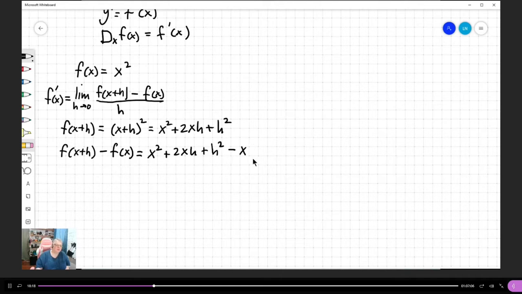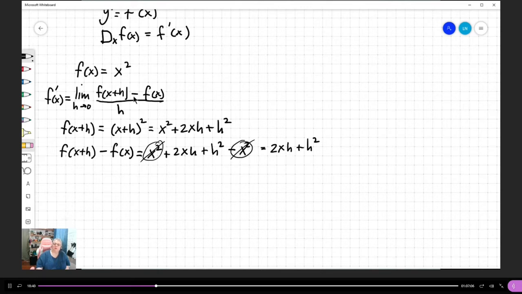And I want to simplify this however I can. In this case, I have a positive x squared and a negative x squared, so those add to 0. And what I'm left with is 2xh plus h squared.